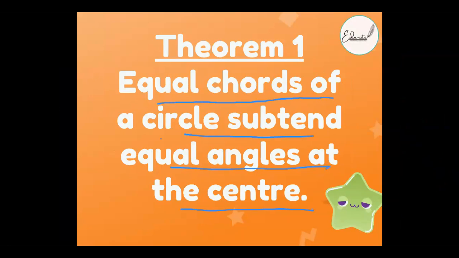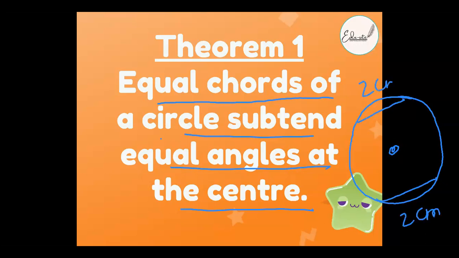Have you understood this, beta? Have you understood this statement of the theorem? What is it telling? If you have a circle and you draw equal chords in it, for example a 2 centimeter chord and another 2 centimeter chord, and you join them to the center of the circle, then the angles subtended at the center, angle AOC and angle BOD, are equal, right or wrong, beta?